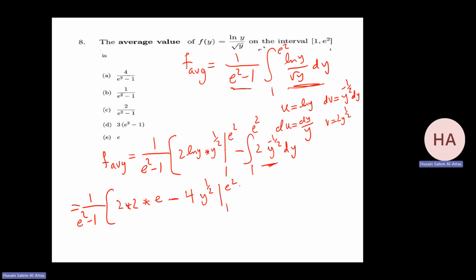So I have 4e minus 4. This is cancelled, so you have 4 over e squared minus 4, which is this.